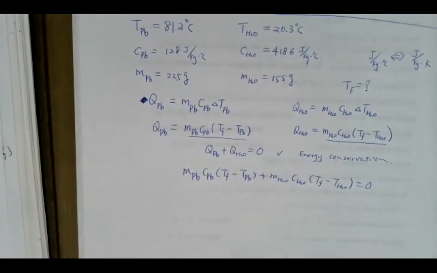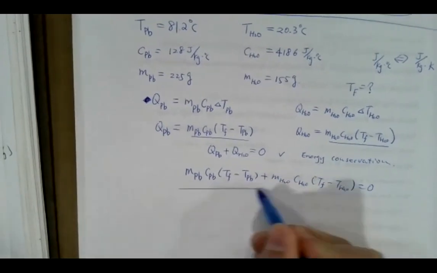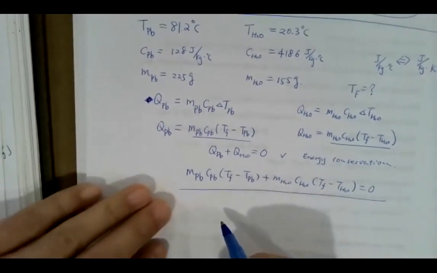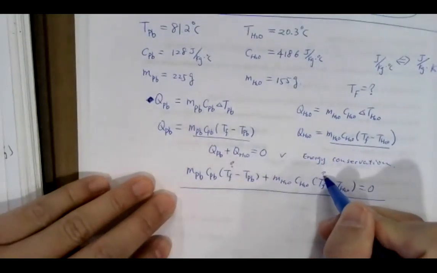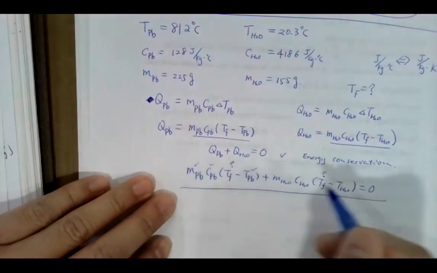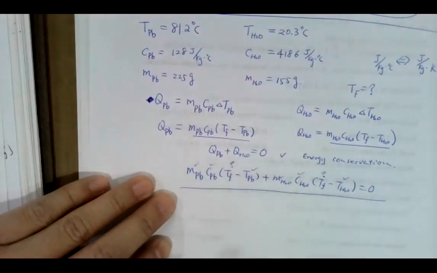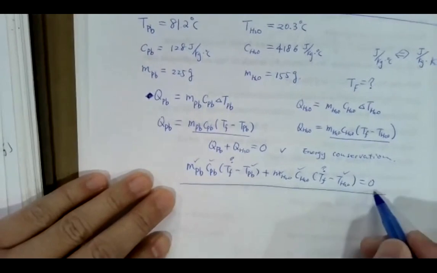When you set this up, you'll find that the only unknown will be the T final. You have two T finals, and the rest of the quantities are all given. So you can solve for your T final. This is the basic equation starting from here.